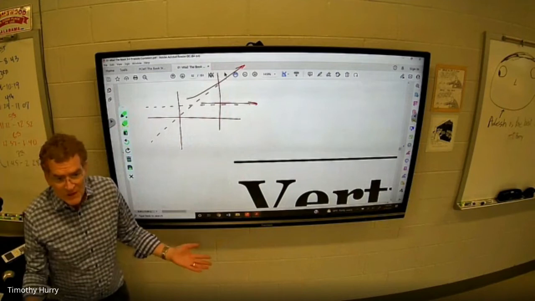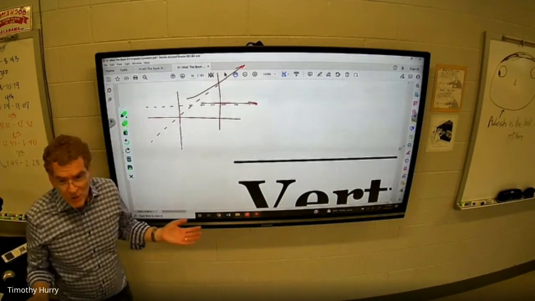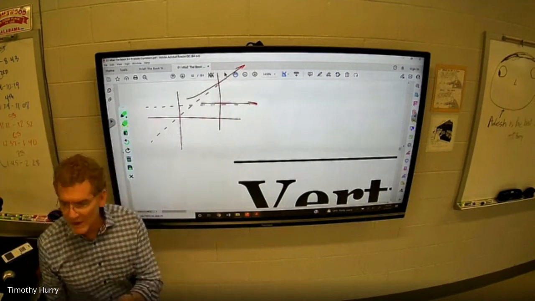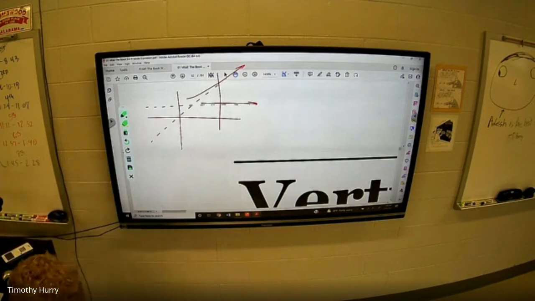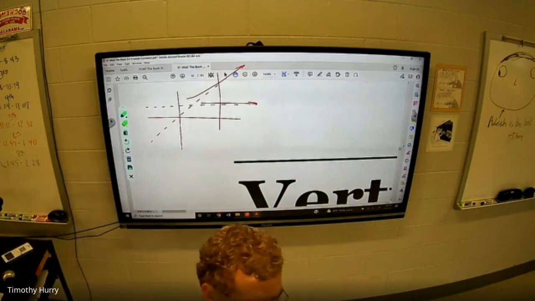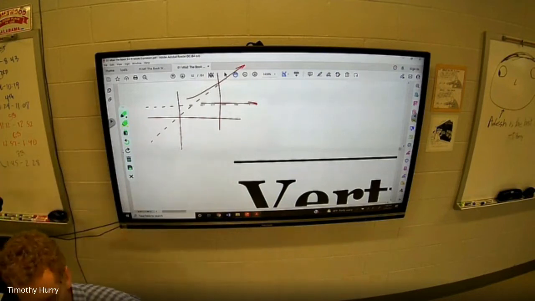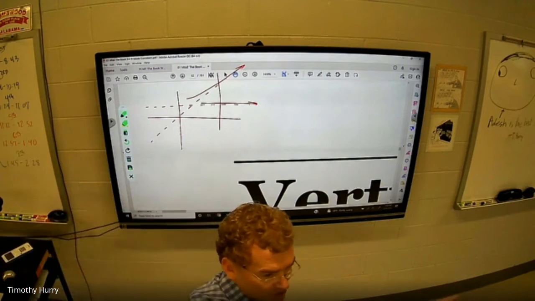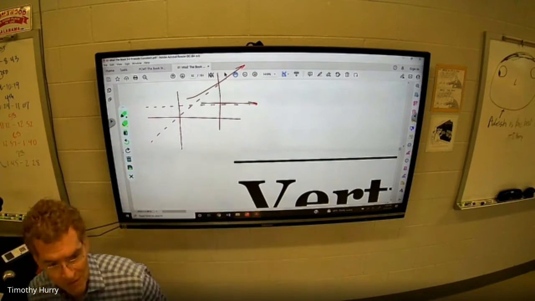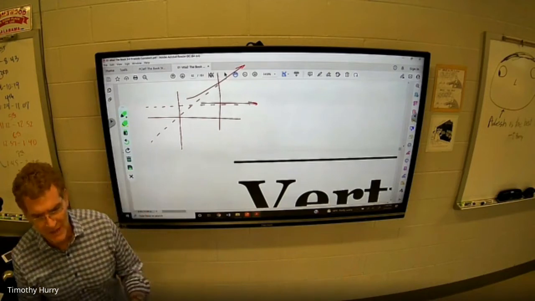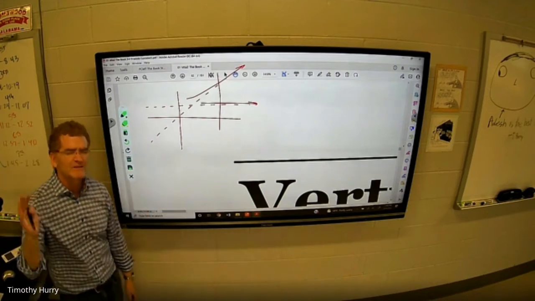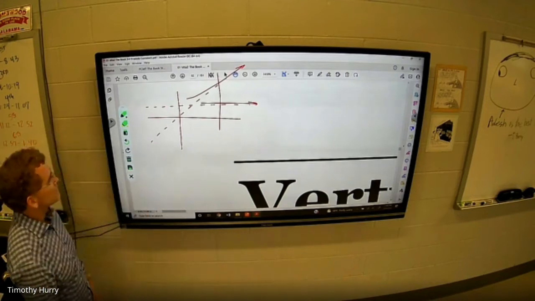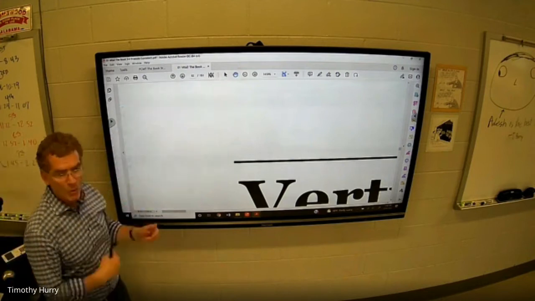It wouldn't be a function. I can't do both. So you won't have both. Now, there are some weird functions that we hit in calculus that as you go to the right, it'll be a slant, and as you go to the left, it'll be a horizontal. Or to the right it'll be this horizontal, and the left is that horizontal. We will not see that this year or next year. Okay, well, maybe very, very end of next year, possibly. But you're not going to have both. It's going to be one or the other.